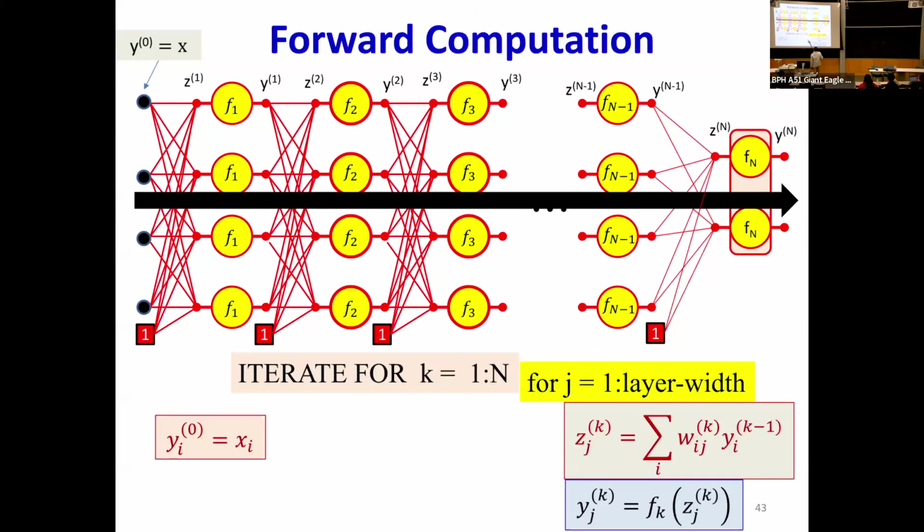Within each layer, you're going to go over all the neurons in the layer. And for each neuron, you're first going to compute the z value, which is the weighted sum of the outputs of the previous layer. And then once you compute the z value, you're going to put that through an activation function for that layer, and you get the output y for that layer. You can follow this all the way to the end of the network.